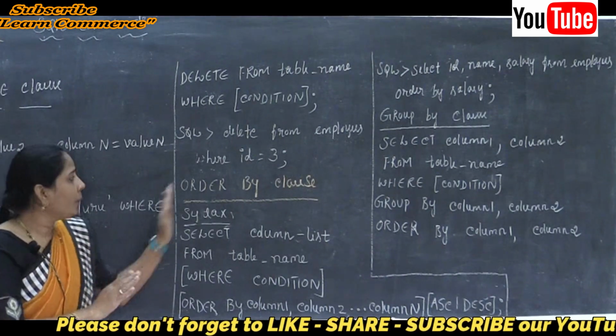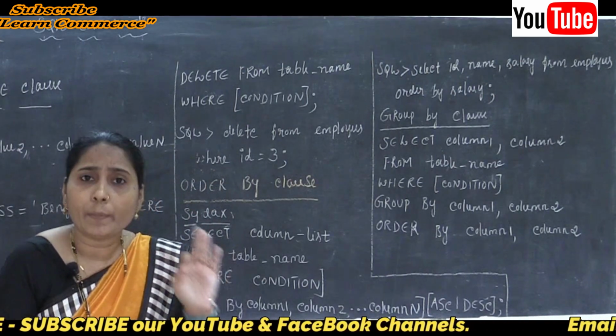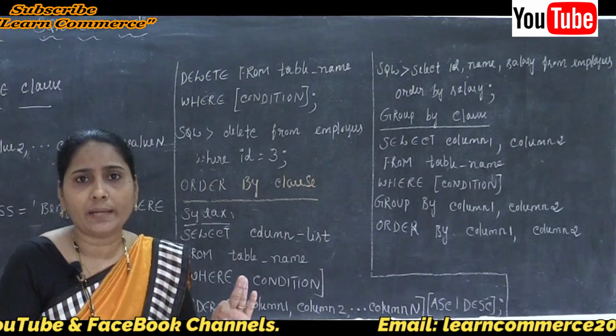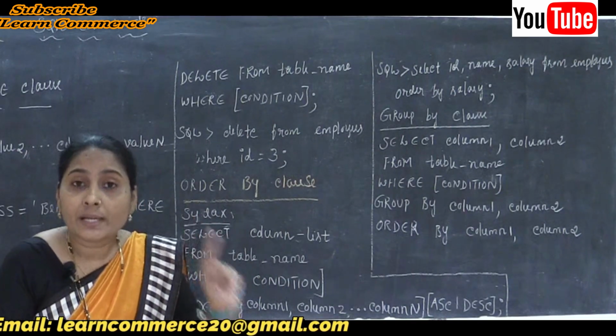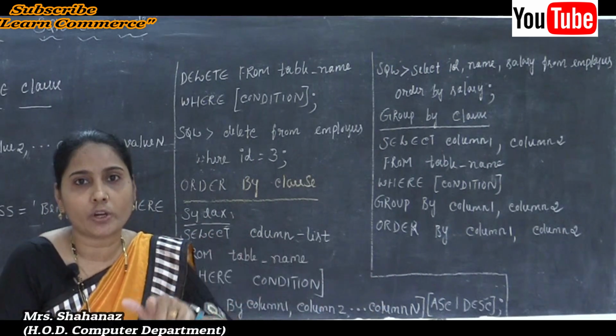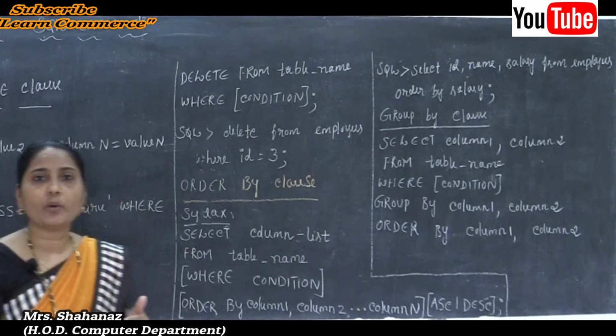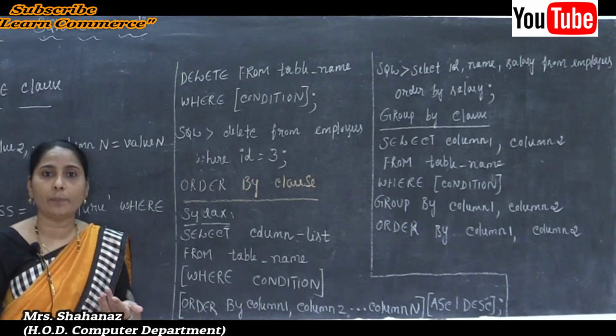But in this case, when you are going to use the order by clause, you should remember, or make sure, that whatever columns you are using to sort should be in the column list. Correct? Sometimes we use some column that is not there in our employees table.